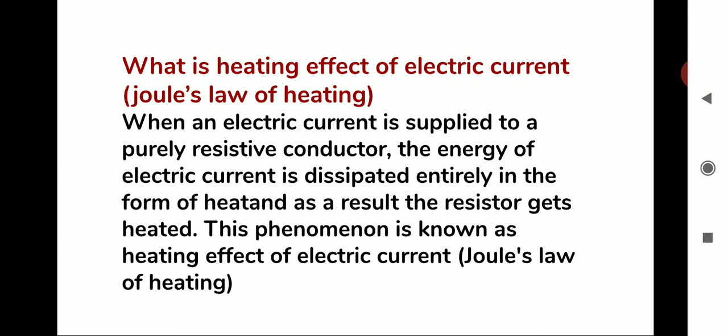Here dissipated means the energy is dispersed into the air in the form of heat, like wasted energy. The energy is dissipated entirely in the form of heat, and as a result the resistor gets heated.